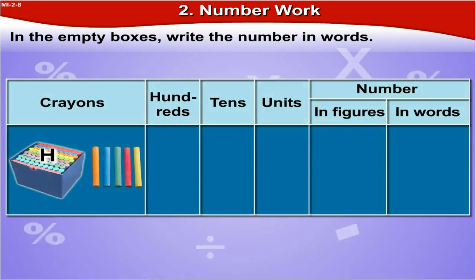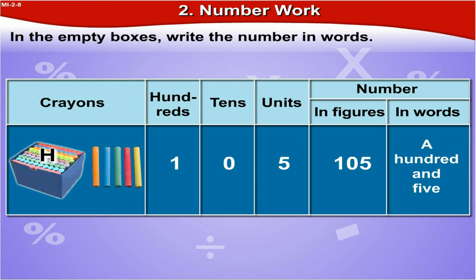Now the next picture, a box of 100 crayons and 5 more crayons, which means it is 1 hundred, 0 tens, 5 units. In figures it would be 105 and in words one hundred five.